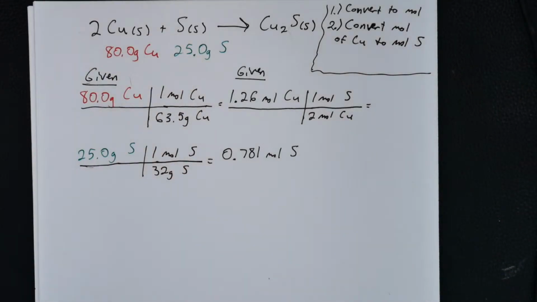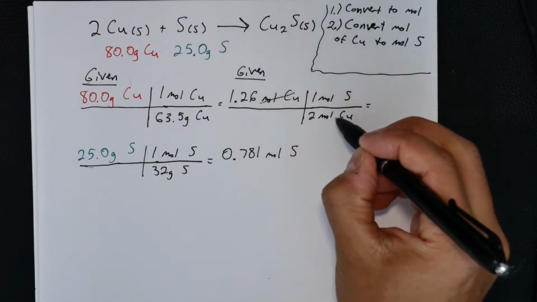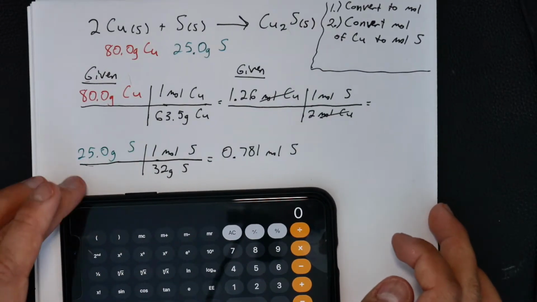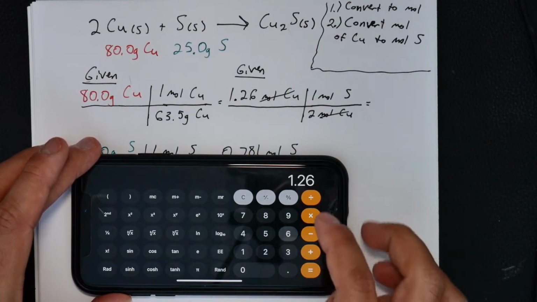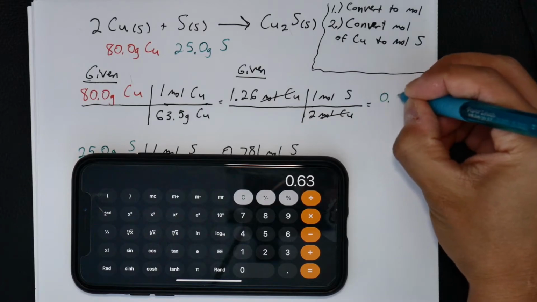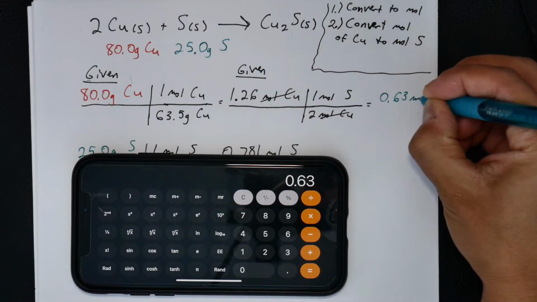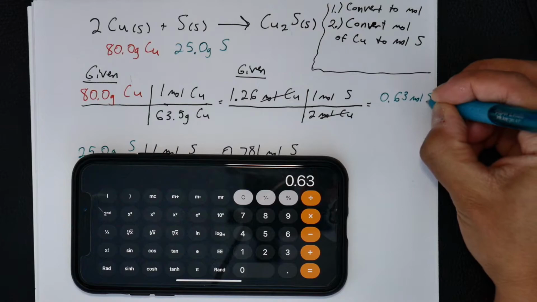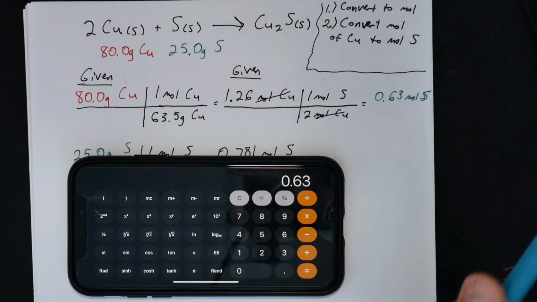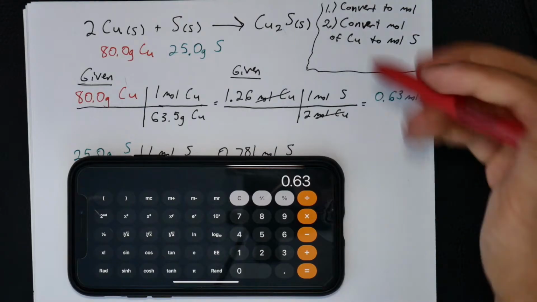So if I do this math out, my moles of copper will cancel, and I'm going to take 1.26, divide by 2, and we get 0.63 moles of sulfur.